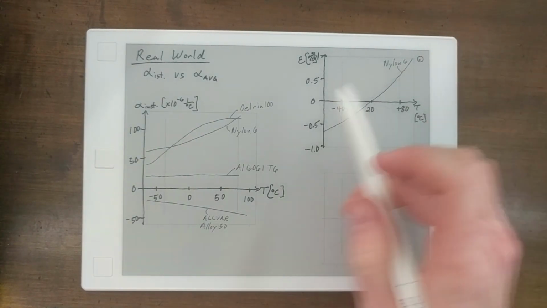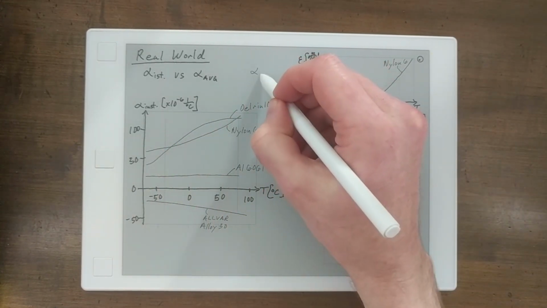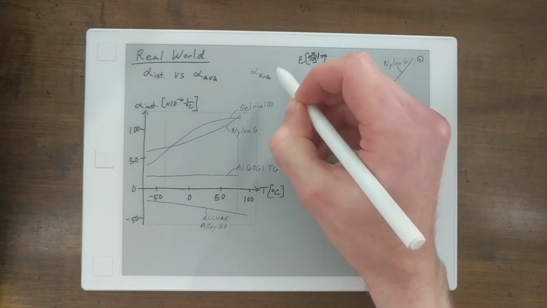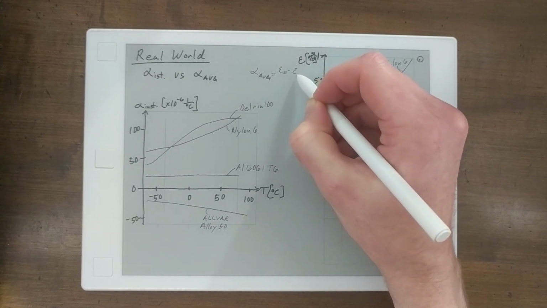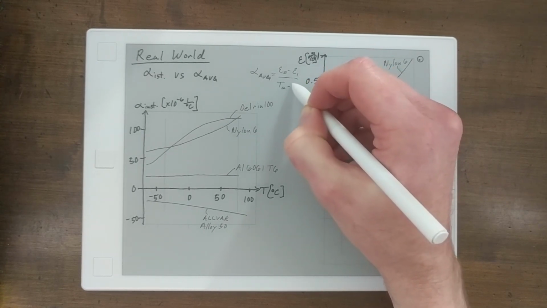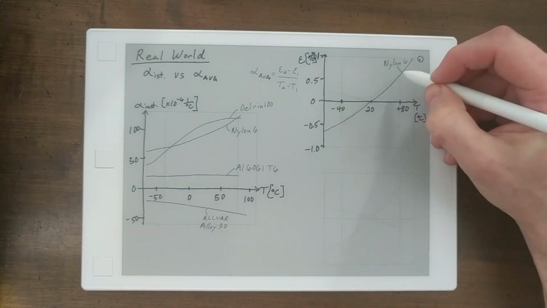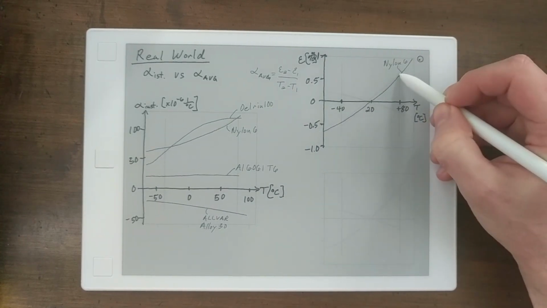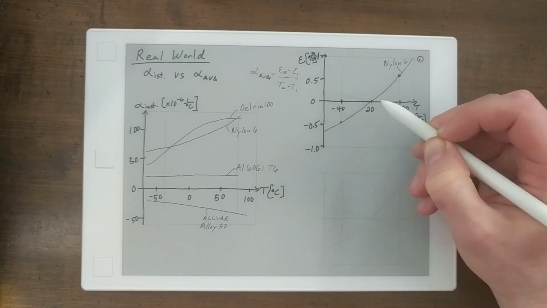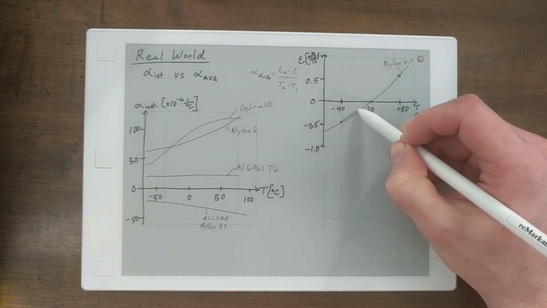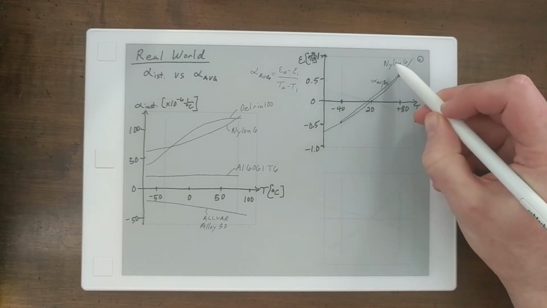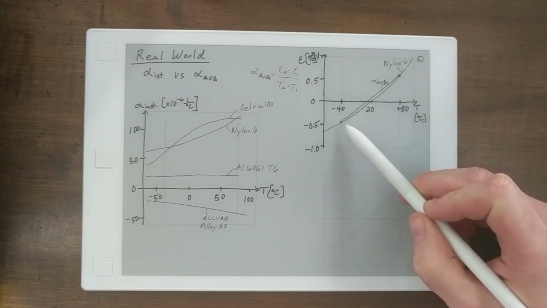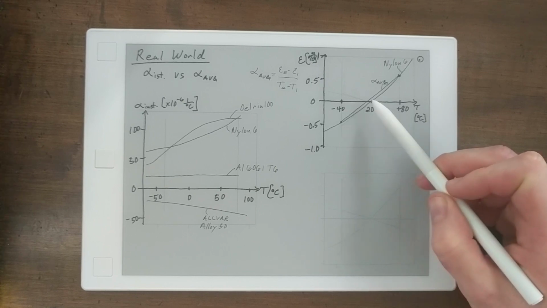If we look back at the average CTE, the equation for that is strain 2 minus strain 1 divided by T2 minus T1. If we look at the extreme temperatures, plus 80 degrees C and negative 40 degrees C, that tangent line gives us this average CTE for nylon. But that's not what we actually see or use if we're using it to calculate.